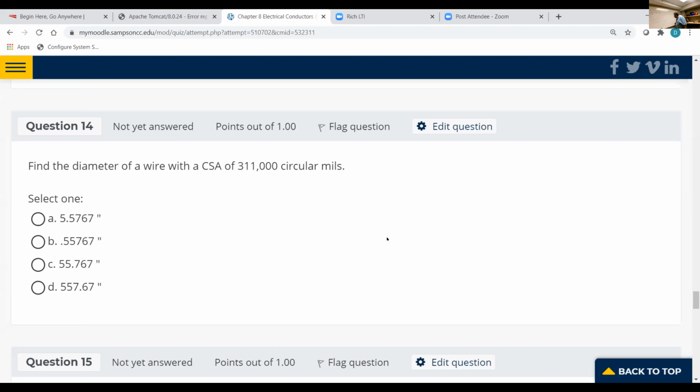In this case, you could say 577.67 mils is what that would be. In mils, for every thousandth of an inch would be 1 mil.